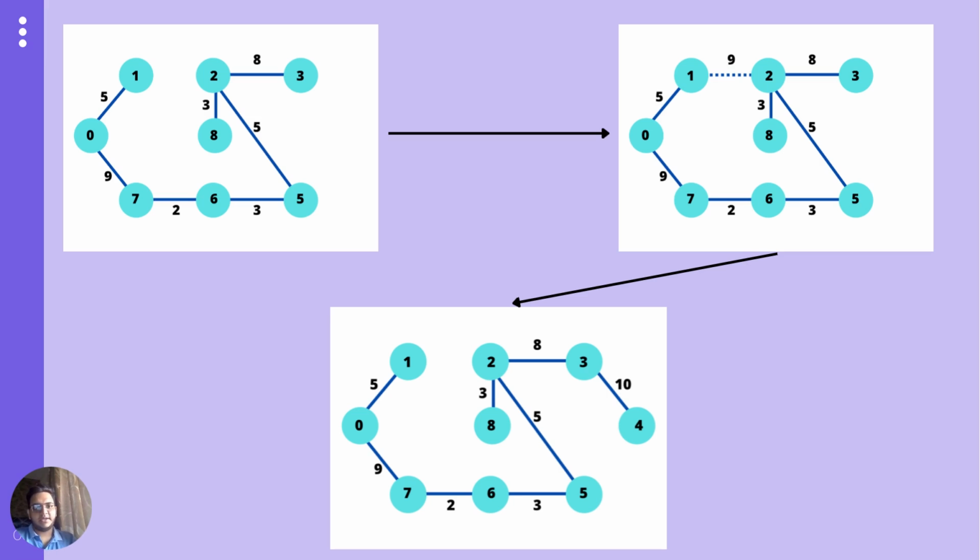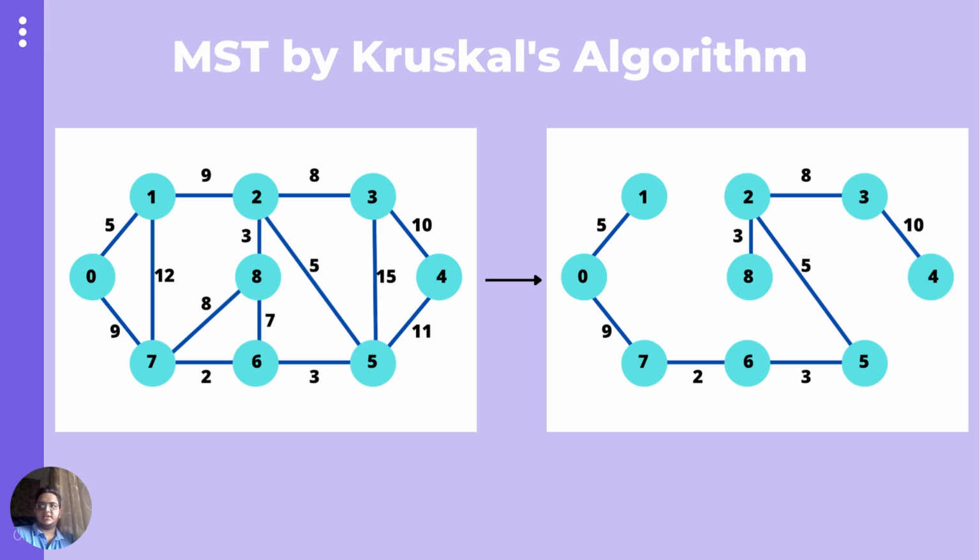At last, we'll pick edge 3 to 4, which will connect the last vertex, and it will not form a cycle, so we are going to include it. This will be our minimum spanning tree as it has 9 minus 1, 8 edges, and all vertices are connected without forming a cycle. Here we have created a spanning tree with the help of Kruskal's algorithm.